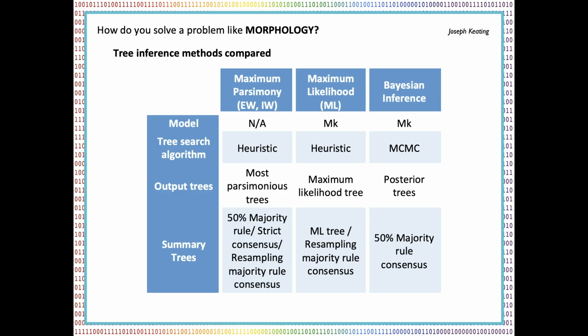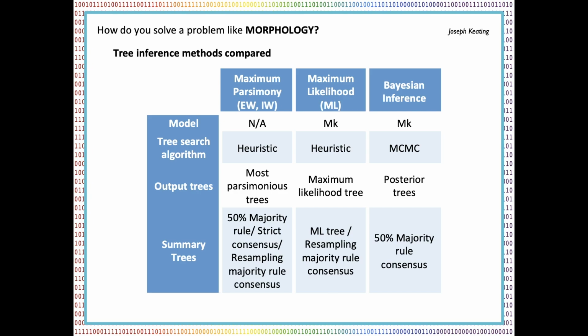Parsimony and maximum likelihood typically use heuristic hill climbing algorithms that sample one or a few trees. Bayesian, on the other hand, uses Markov chain Monte Carlo to sample thousands of trees in proportion to their posterior probability. Parsimony methods output the most parsimonious trees.